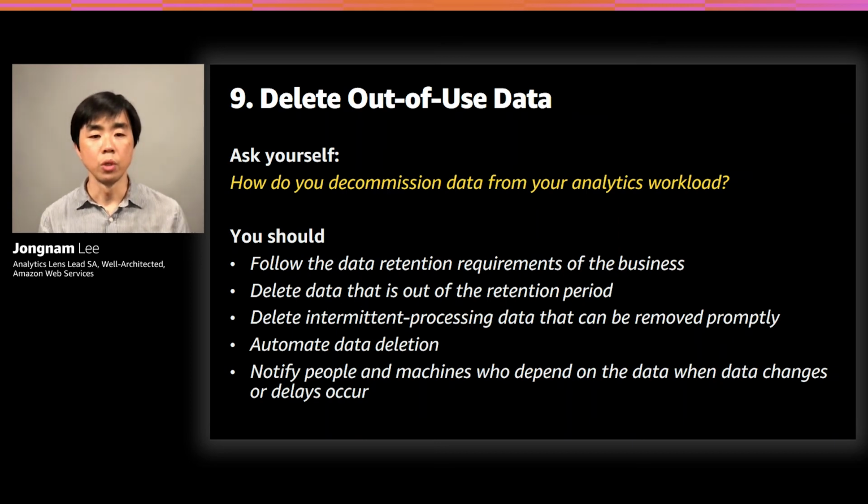And then once you have the data, please delete the data as long as you don't need it. And in many cases you will have an intermediate data set that you generated as part of the data curation. If that data is not necessary, please delete it immediately so that you can save the storage cost. And then consider automation of the data deletion and notify such data deletion events to the relevant stakeholders.